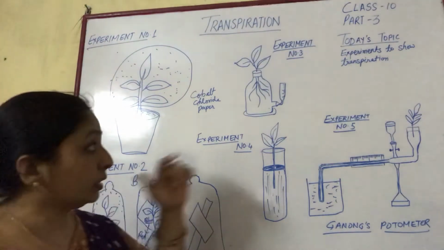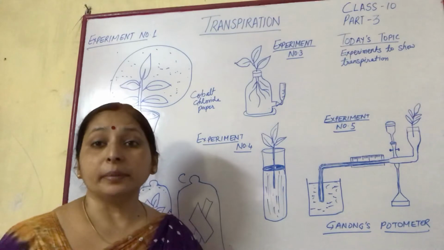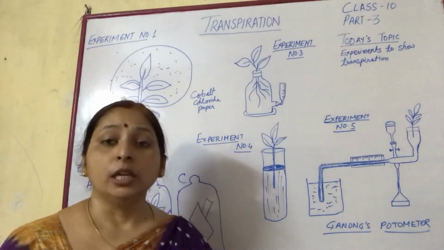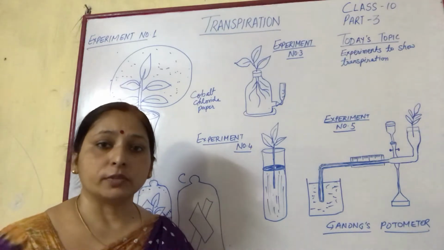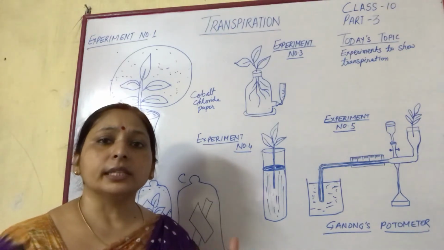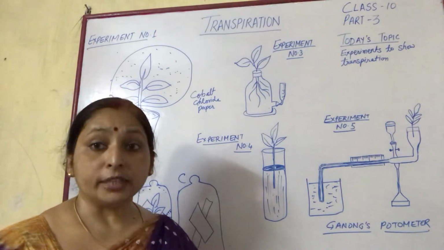Then experiment number 3 is the weighing method, to check that water is lost during the process of transpiration and that it results in a loss in weight of the plant.